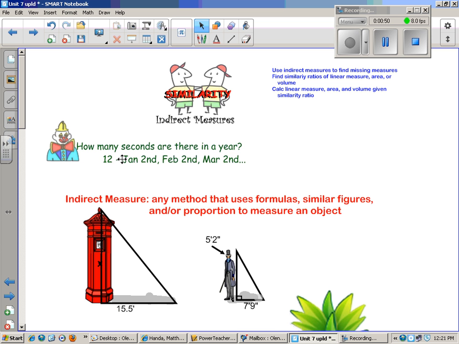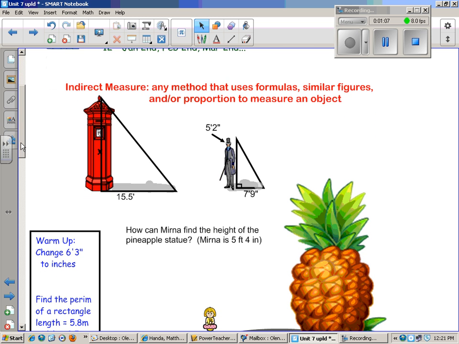Get it? Like the 2nd of January. Hilarious, right? Chris said it's so funny. He's pounding the desk. All right.